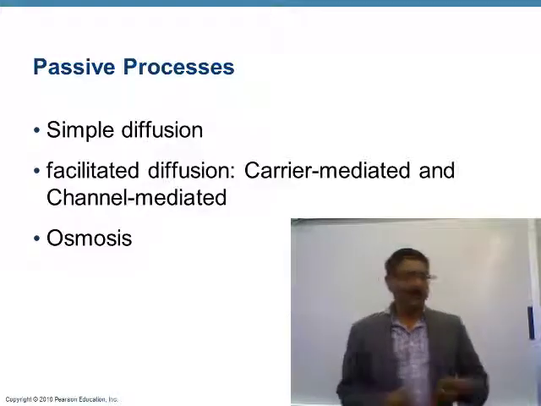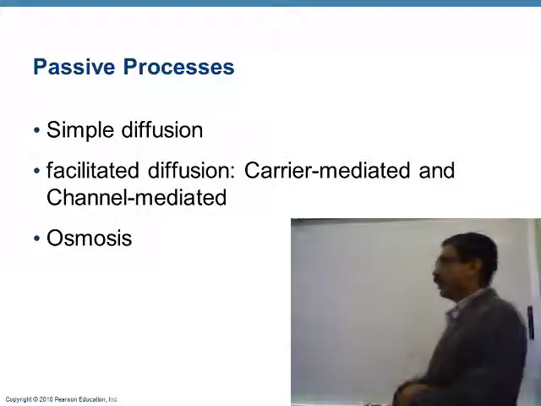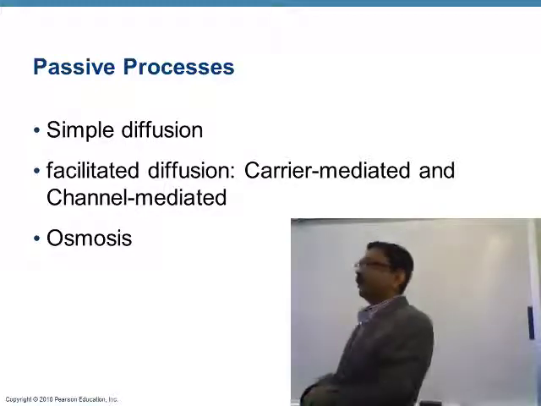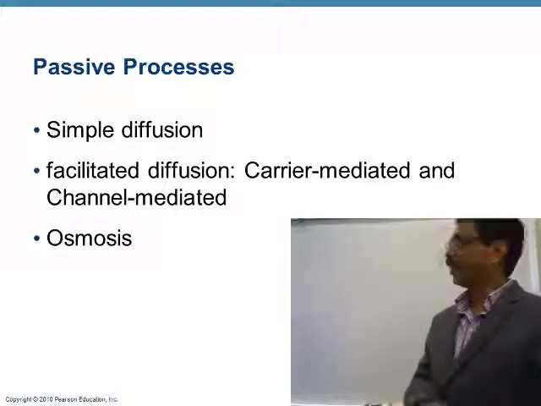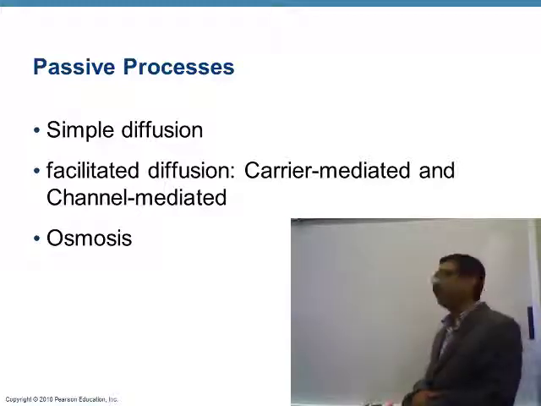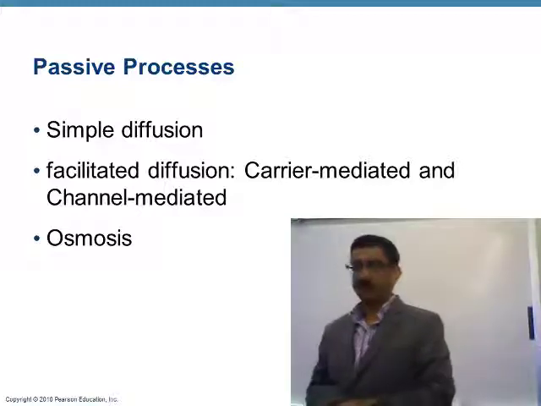In living cells. So active transport can only occur in the living cell membrane. Passive transports could be of different types. What are the important passive transports? Important passive transports are simple diffusion, facilitated diffusion, and osmosis.